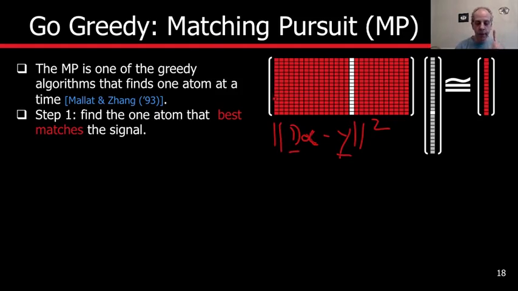So you try the first one, you try the second one, you try the third one, you try the fourth one, the one that does this the best. Actually, because this is the metric we're using, this one will be the one that maximizes the inner product with the signal y, basically, which is the one that is most parallel to the signal y. That's going to be this one.